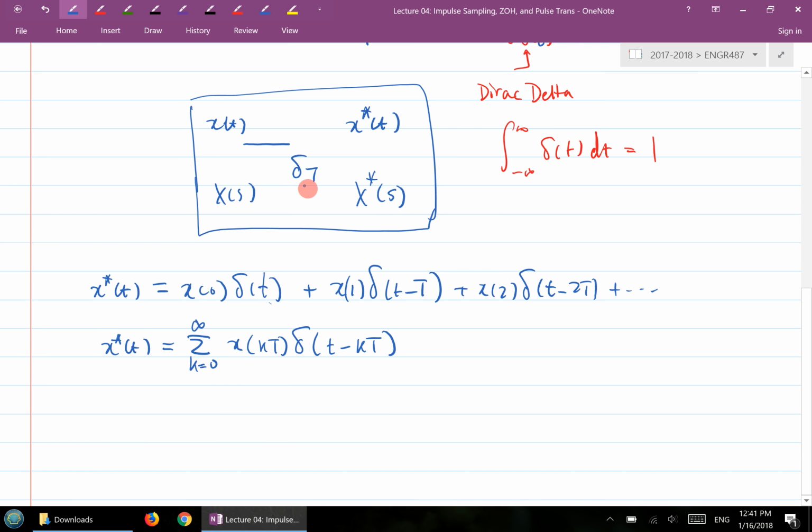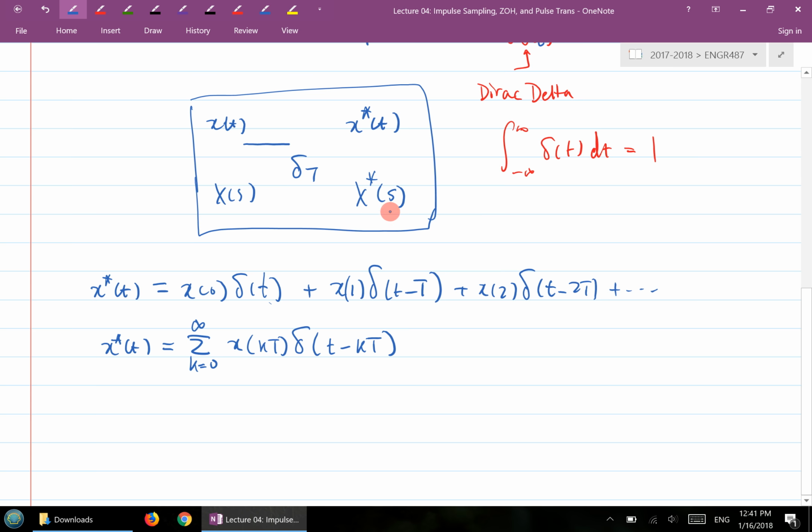Now if I look at the model for x of t, I can always do a Laplace transform and get x of s. So I can do the same thing here: what's the Laplace transform of x star of t, so that I can get capital X star of s?